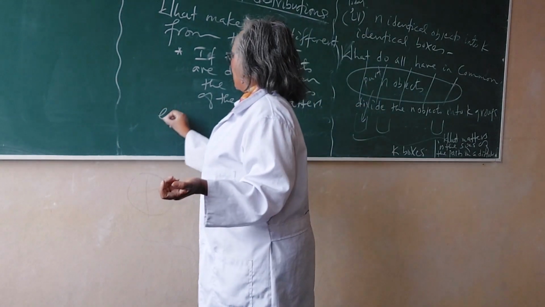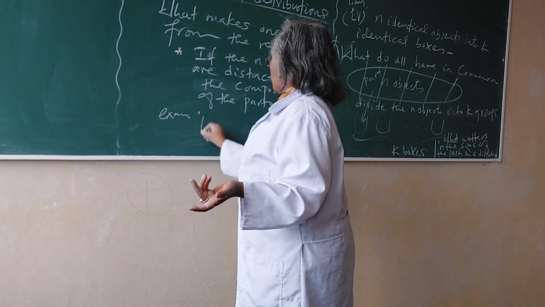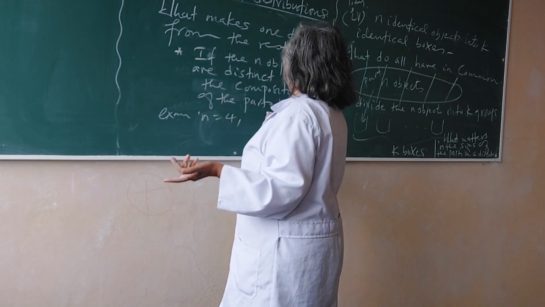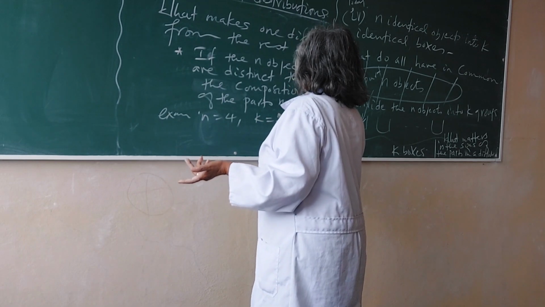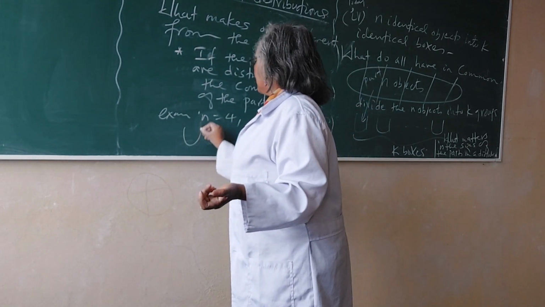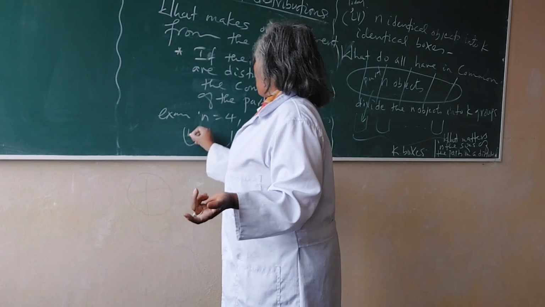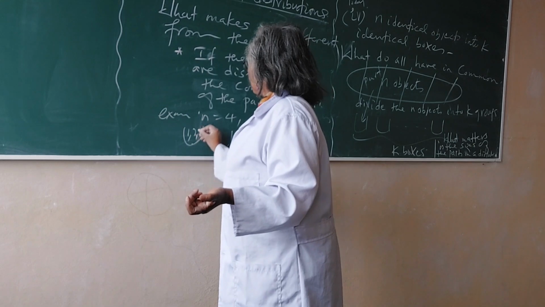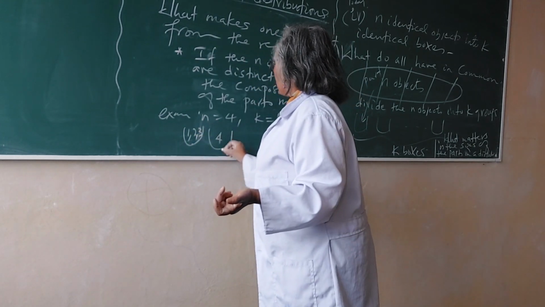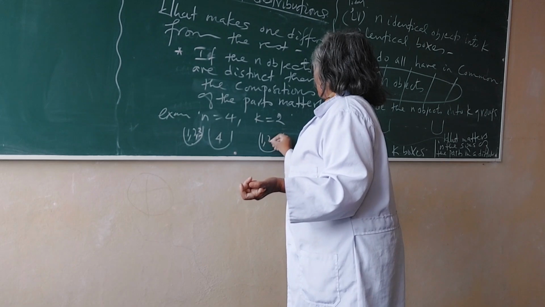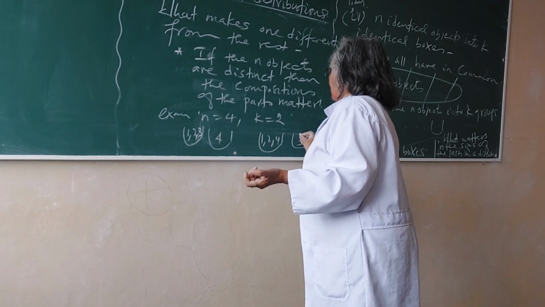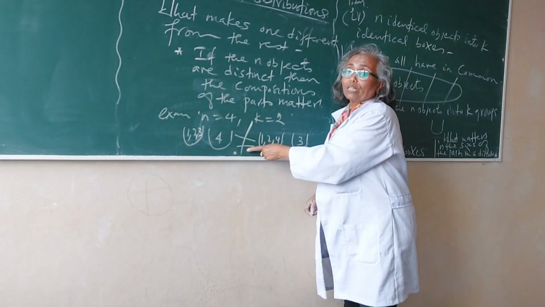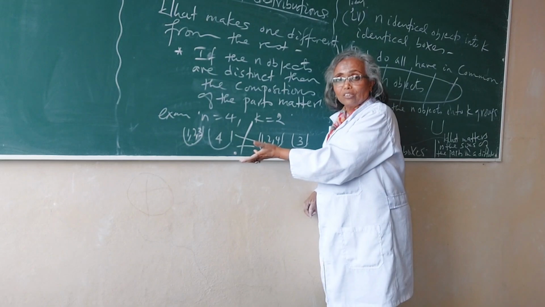For example, let me give you this example. Suppose I have n to be 4 objects to be distributed into 2 parts. Now, this distribution, let's say 1, 2, and 3, and here we have 4. While here we have 1, 2, 4, and 3 there. See, these two distributions are different. I'm abusing this notation, but you would understand, right?